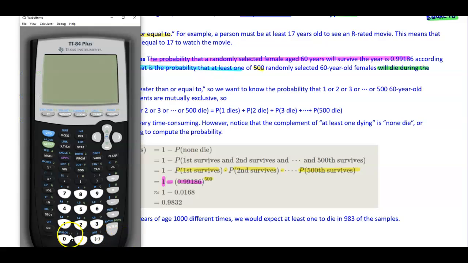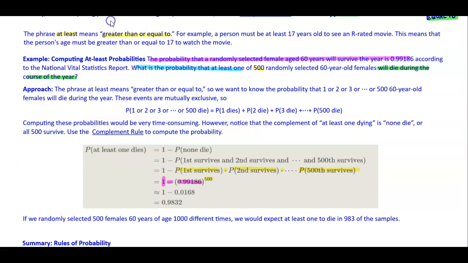So what we would do is come into our calculator, take 1 and then subtract the value in parentheses, 0.99186, raised to the 500th power. That gives us the following result rounded to 4 decimal places: 0.9832.